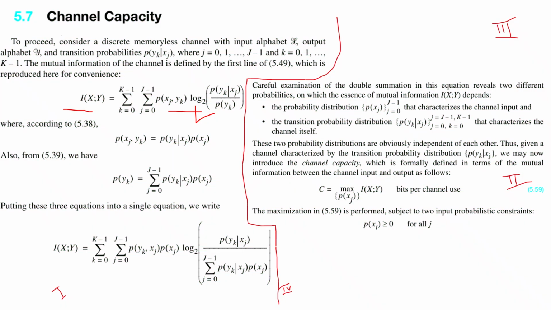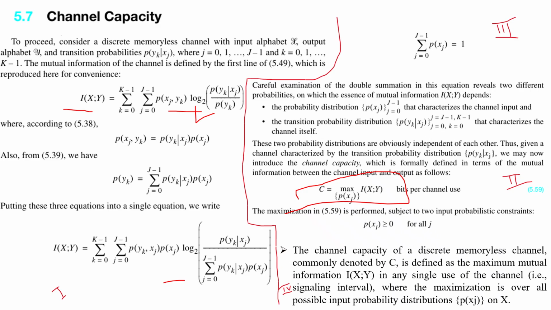Our target is to maximize this information, and that is why this is the channel capacity. Okay, so we'll look at how exactly we get it. The channel capacity of a discrete memoryless channel, commonly denoted by C, is defined as the maximum mutual information in any single use of the channel signaling, where the maximization is over all possible input probability distributions.